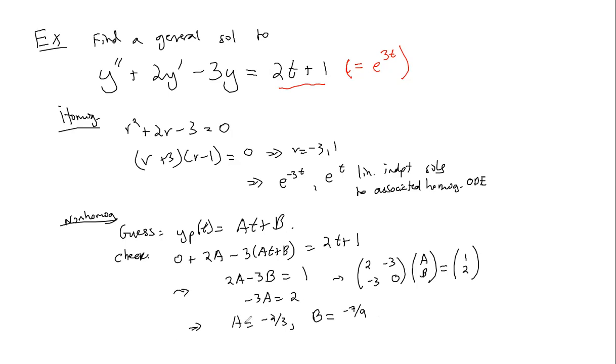But then once we know what A and B are, we get the general solution. So our final answer is the general solution is our homogeneous solution, so C1 e to the negative 3t plus C2 e to the t, plus our particular solution, negative 2/3 t minus 7/9.